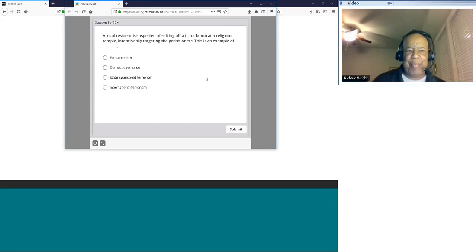A local resident is suspected of setting off a truck bomb at a religious temple, intentionally targeting parishioners. This is an example of eco-terrorism, domestic terrorism, state-sponsored, or international? It said local.